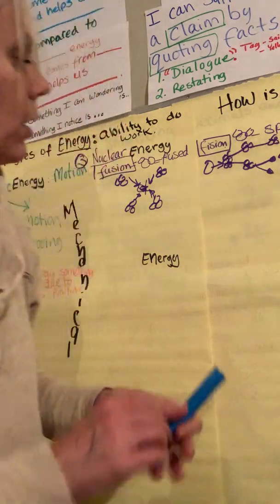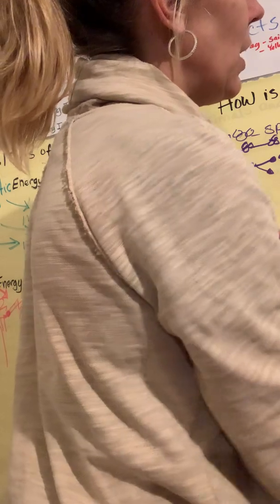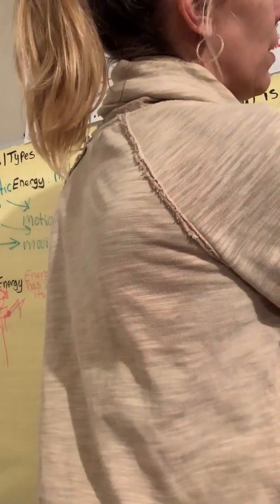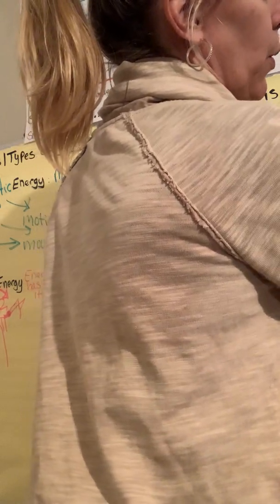All right, so continuing on, our fourth kind of energy that we're going to talk about is thermal energy. And thermal energy is any kind of heat energy. So if we had a fire, obviously, that would be it, when it is burned.